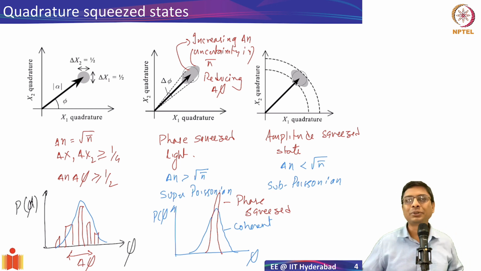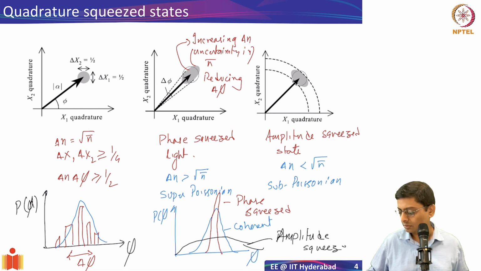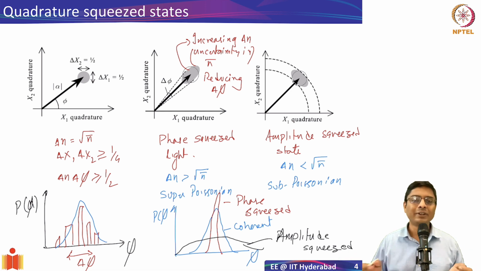So if you go to an amplitude squeezed state, delta n is reducing, so automatically the phase becomes uncertain. This is an important point. So the phase will become something like this, the probability of this phase distribution. This is amplitude squeezed. So this is how the statistics will change when you talk about squeezed states.